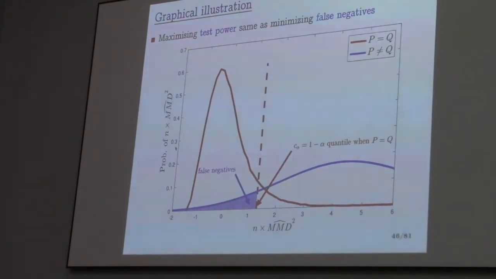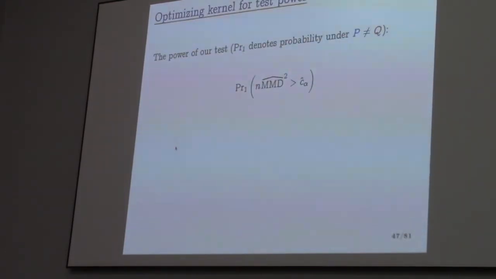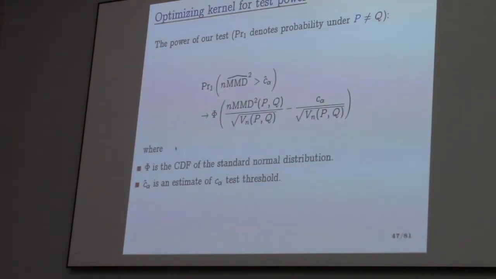Okay. So here is the probability under the alternative of rejecting the null. That is, the probability, under the assumption that P is different to Q, that my statistic is going to be bigger than my threshold. Now remember, under the alternative, it was normal. So this has a very simple expression under the alternative.